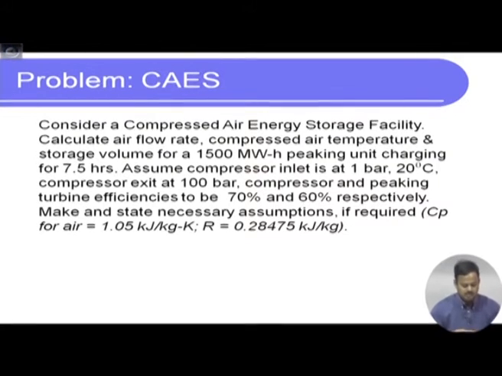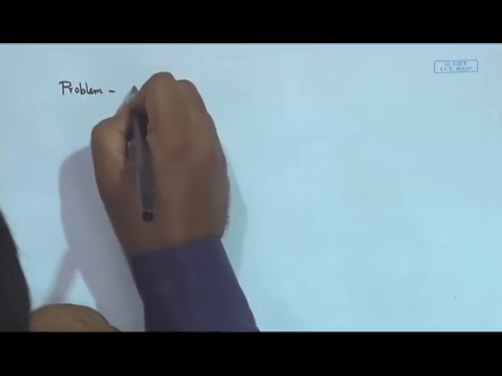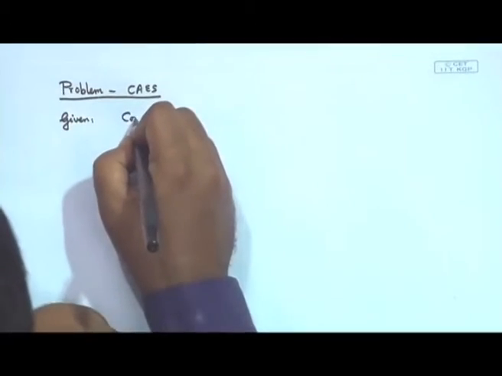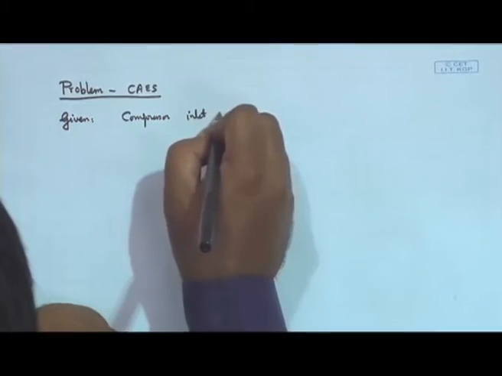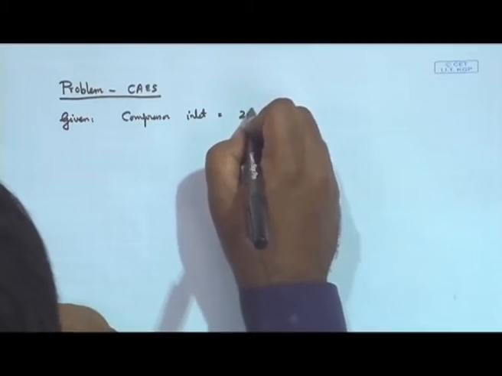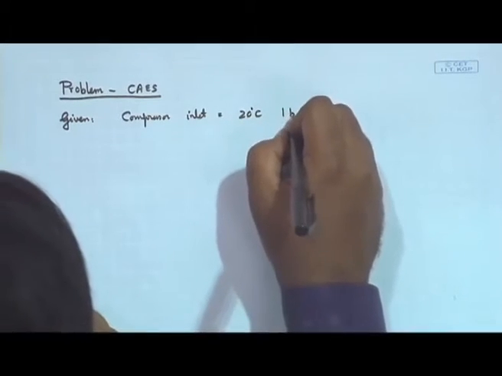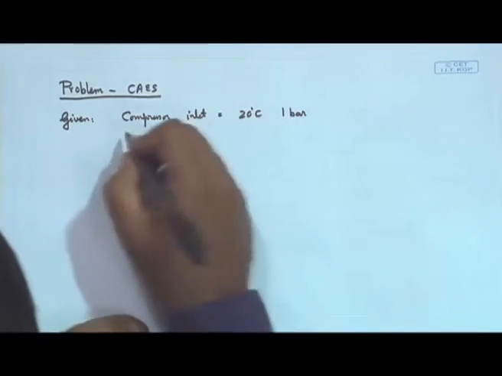Let us write down what all is given to us. The problem is on compressed air energy storage. Given is the compressor inlet: it is 20 degrees centigrade and 1 bar, or 1 atmosphere.